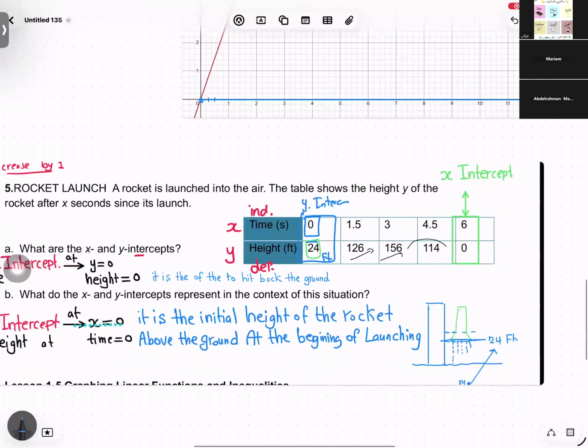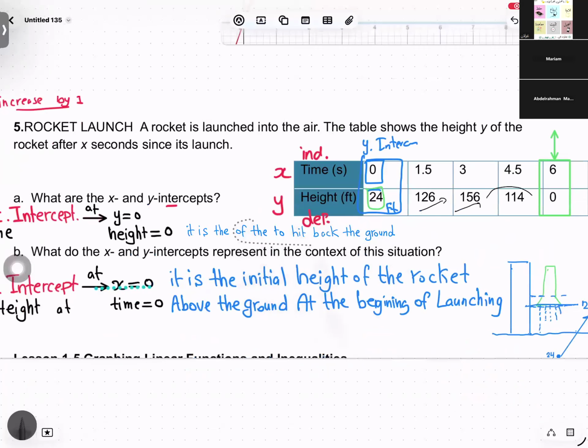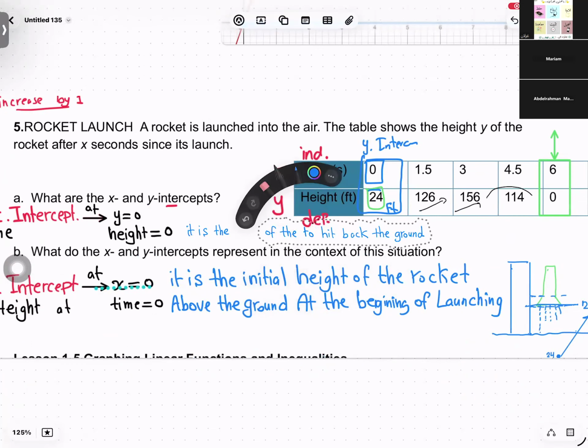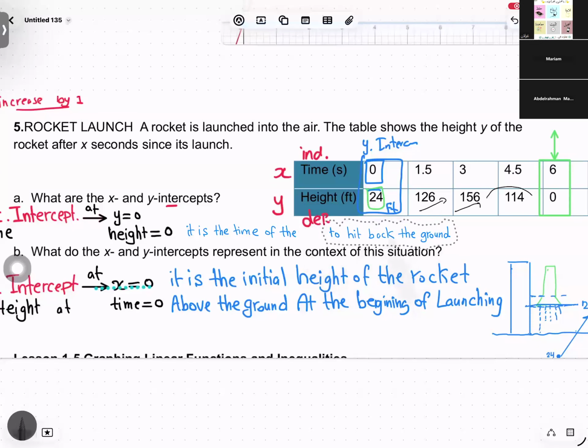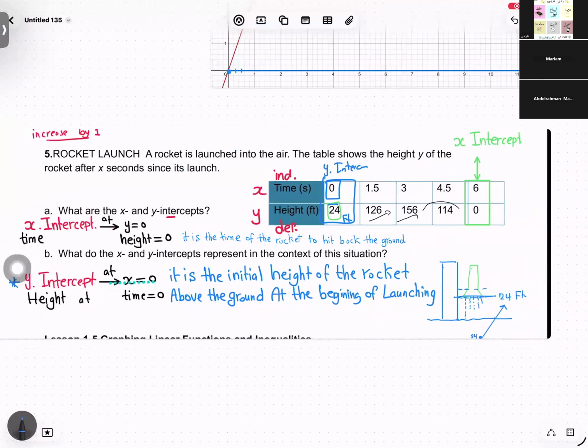It is the same time. I didn't write the time. It is the time of the rocket to hit back the ground. It is the time when the rocket hits back the ground.